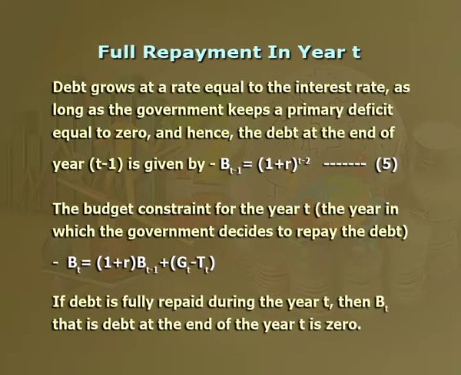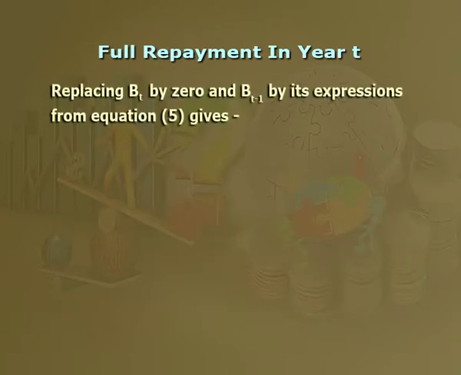If debt is fully repaid during year T, then BT, the debt at the end of year T, is 0. Replacing BT by 0 and B(T−1) by its expression from equation 5 gives us 0 = (1 + R) × (1 + R)^(T−2) + GT − TT.